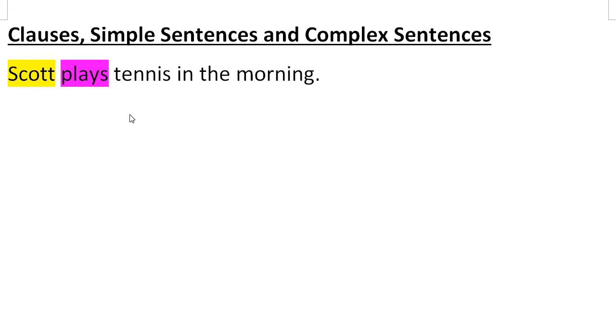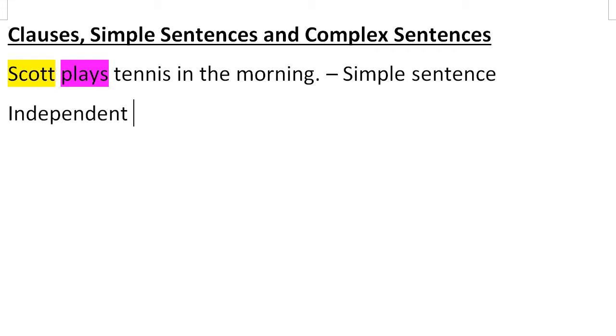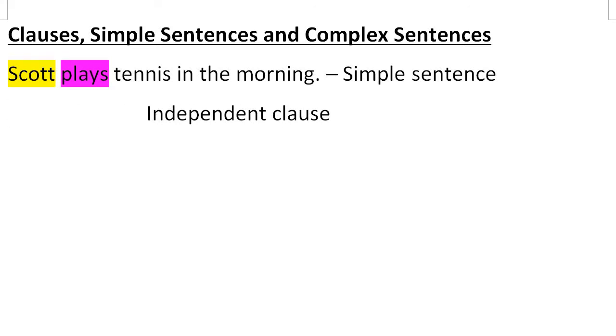So if we look at the sentence on the screen right now, Scott plays tennis in the morning. That is a simple sentence, but it is also called an independent clause. Now, what does that mean?